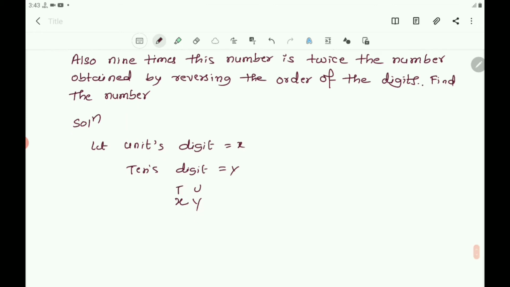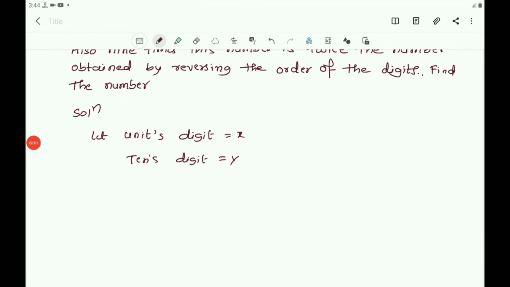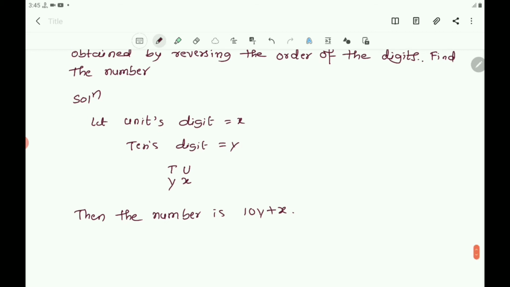The original number is yx. Then the number is 10y plus x.